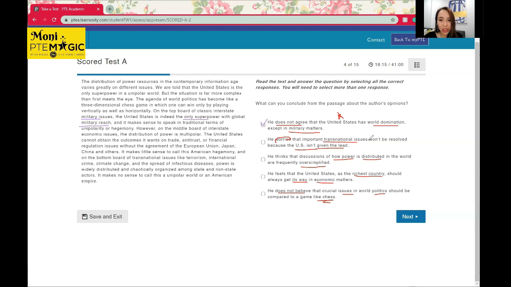Next one, transnational issues won't be resolved. Transnational issues is the keyword. Let's find it here. Okay, transnational issues like terrorism, international. Let's read the whole sentence.